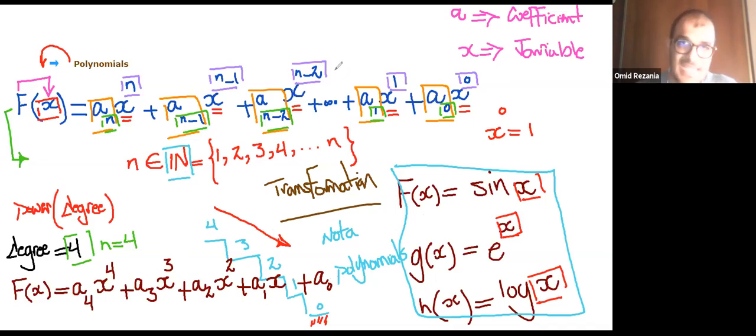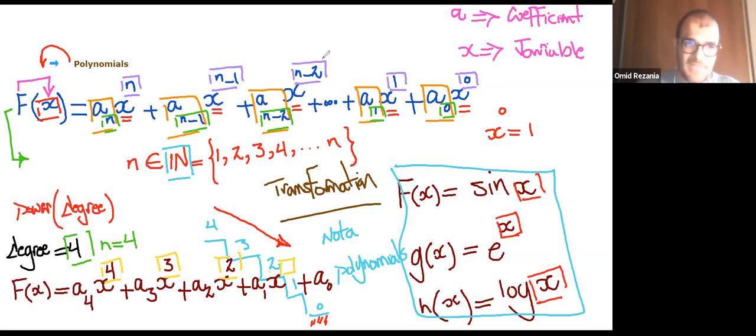You see that again here, this one starts from 4, goes to 3, goes to 2, goes to 1, and goes to 0. And also, you see that each one has a coefficient: a4, a3, a2, a1, and a0.